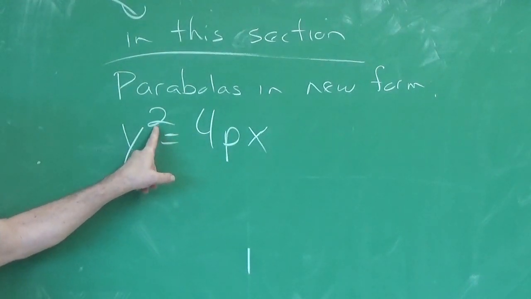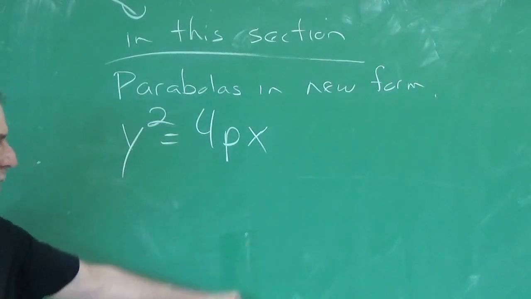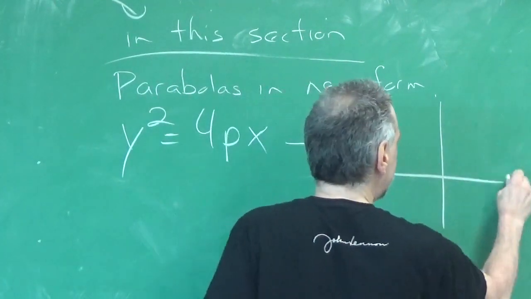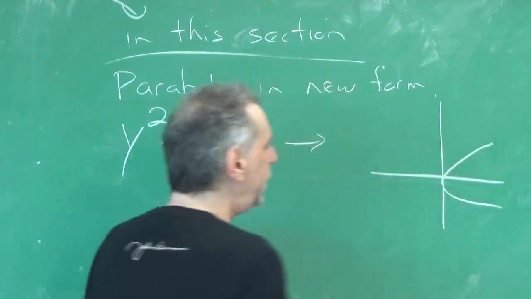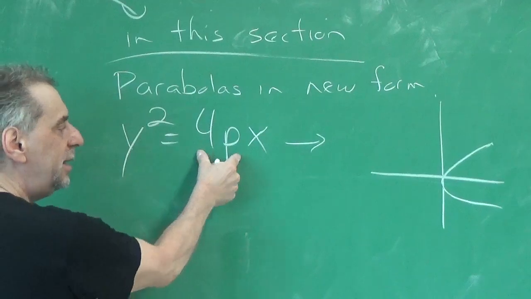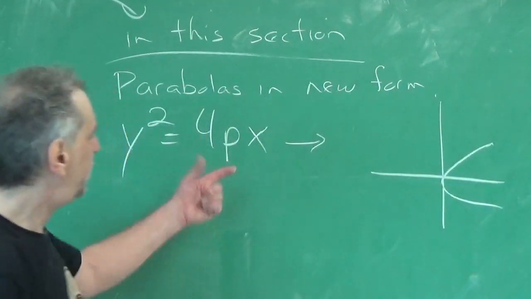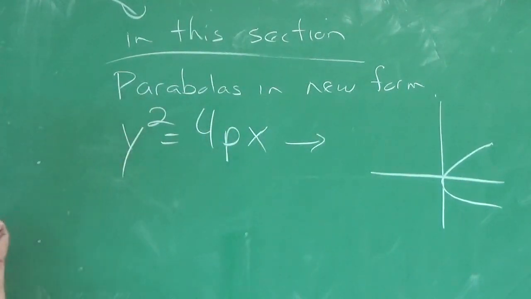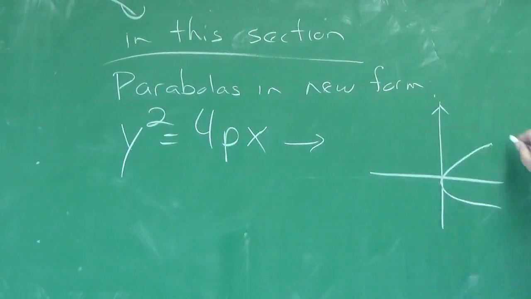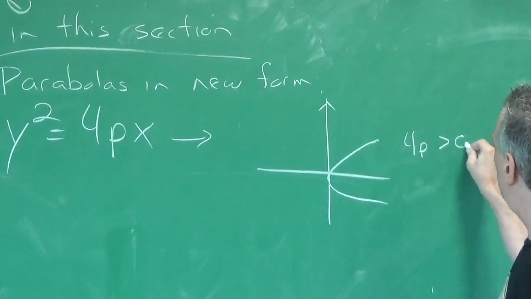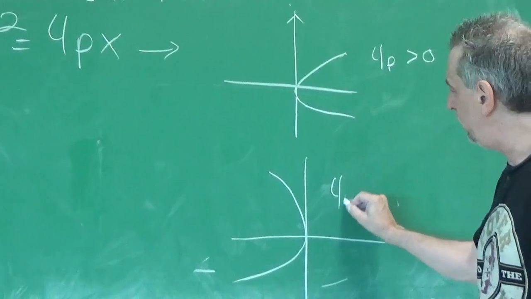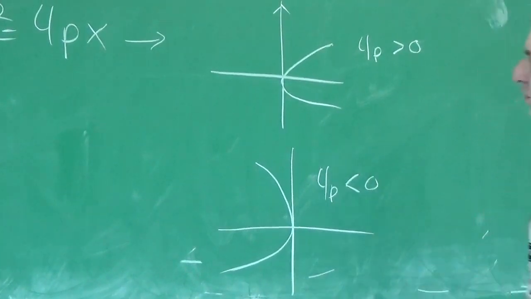When the squared term is the y, that's when we're talking about a parabola opening along the x-axis. Right? And depending on if this value is positive, then it's opening that way. If this value 4p is negative, then it opens the other way. Let's say when 4p is positive, this way, and when 4p is negative, this way.